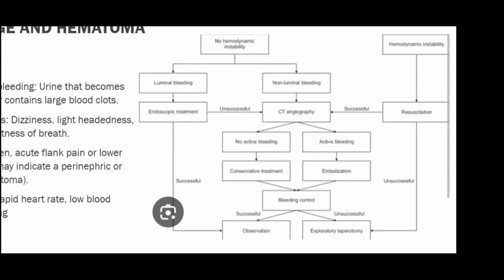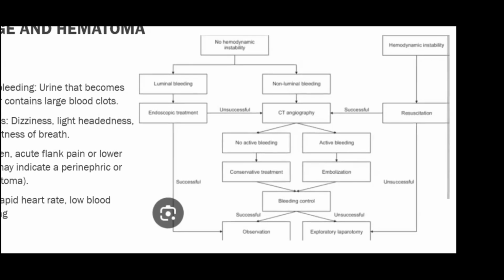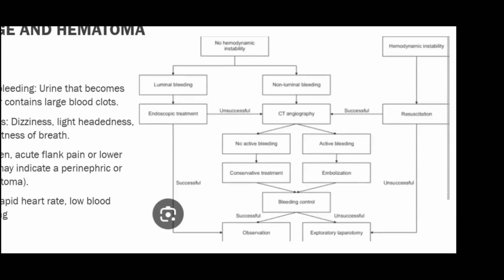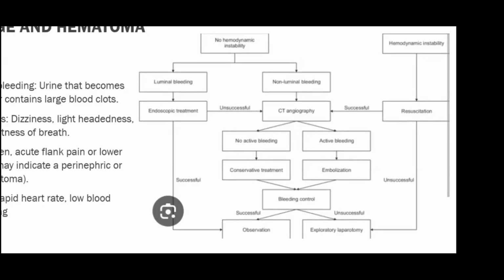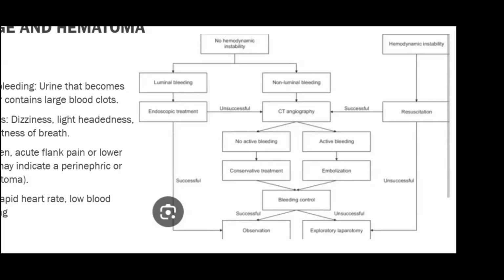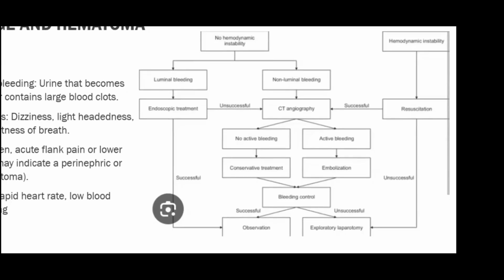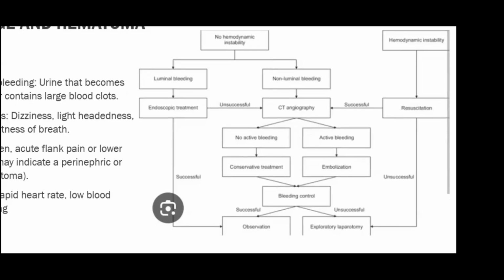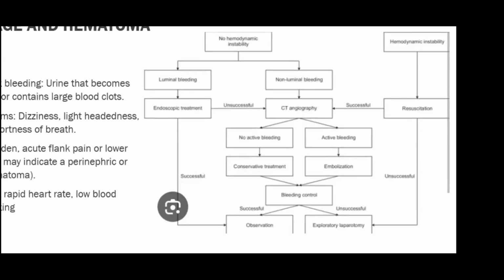But if they're not stable, then we can take them to theater. And when they are stable, we can investigate the cause of the bleeding, and it can be luminal or extraluminal. And we can then do a CT angio, and then treat them accordingly, either with conservative management or angioembolization.